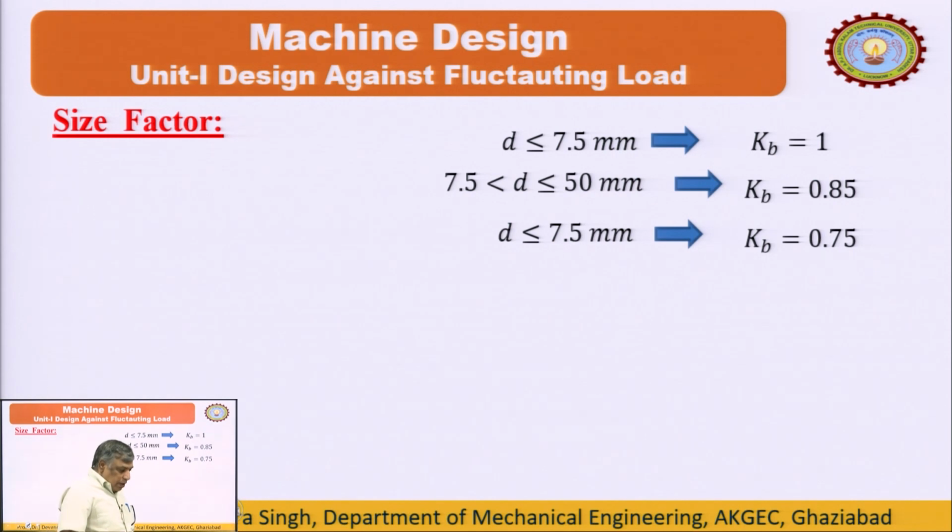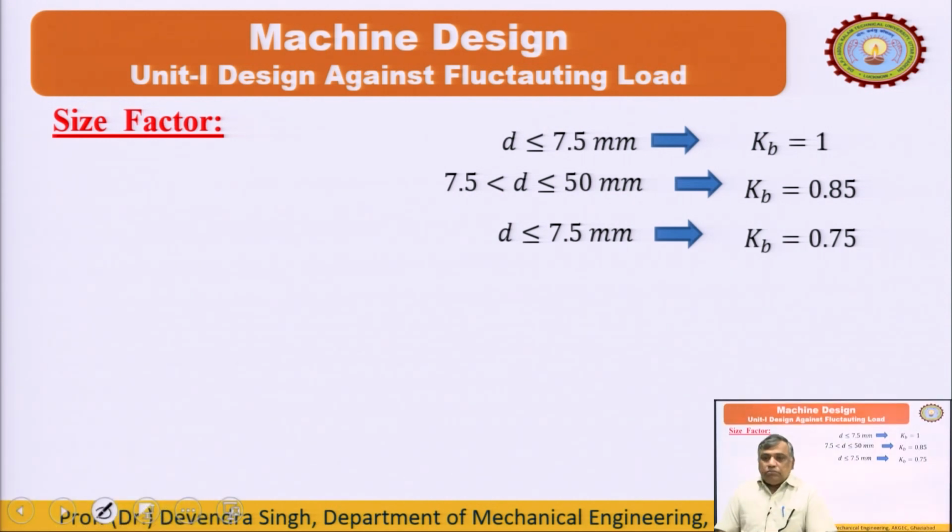Then the size factor. If we use a bulk of material and the bulk is large, there is a possibility that the number of defects will be high, and any of those defects can act as a crack. If we apply a completely reversed stress, that is the most dangerous state: any fluctuating stress will make this crack propagate, the effective cross-section area will get reduced, the stress level will become high, and it may fail, a physical fracture may take place.